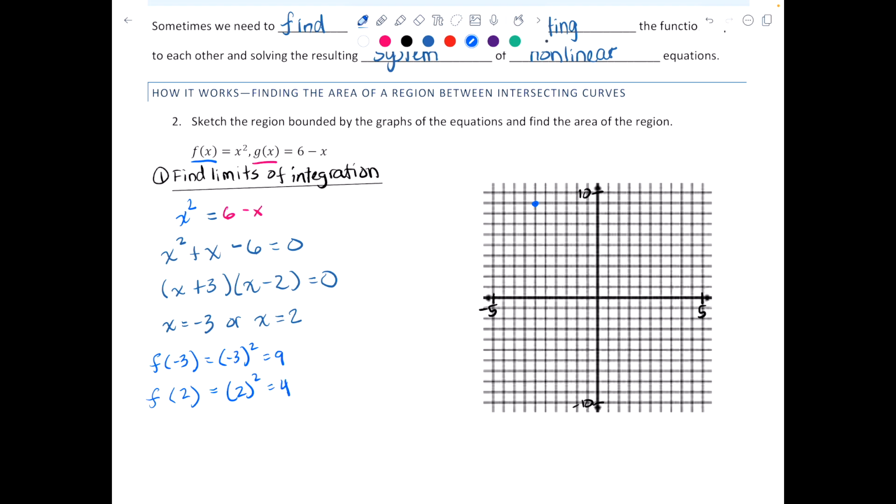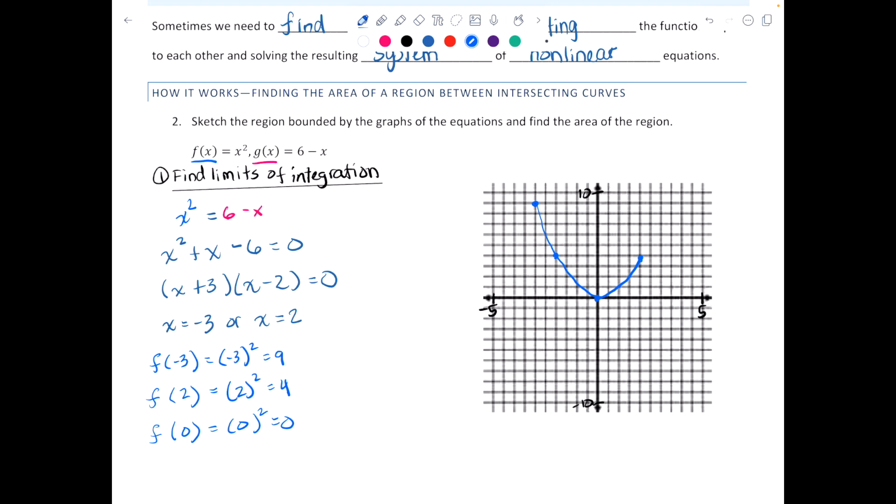So 1, 2, 1, 2, 3, 4. And then, like I said, getting something in the middle would be nice. So I'll just find f at 0 is 0 squared, which is 0. And then we have symmetry, and so we can get kind of our nice parabola graph, something like that.